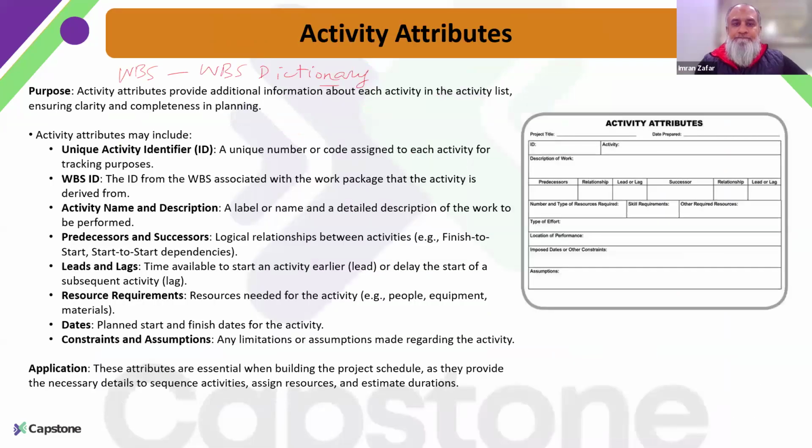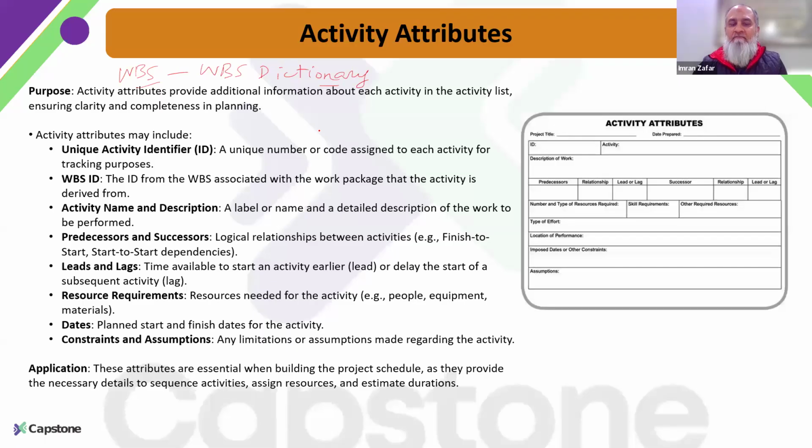So as we saw in the case of the work breakdown structure, we had an associated document, the work breakdown structure dictionary, which carried details related to each and every work package: what the work package is, what its ID is, what deliverable it is going to deliver, what the schedule is, and what the cost related to it is.